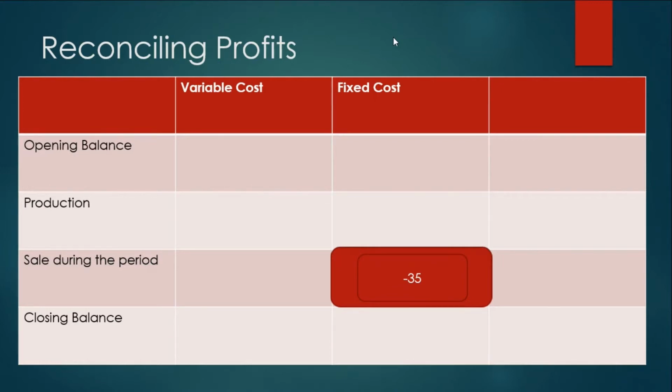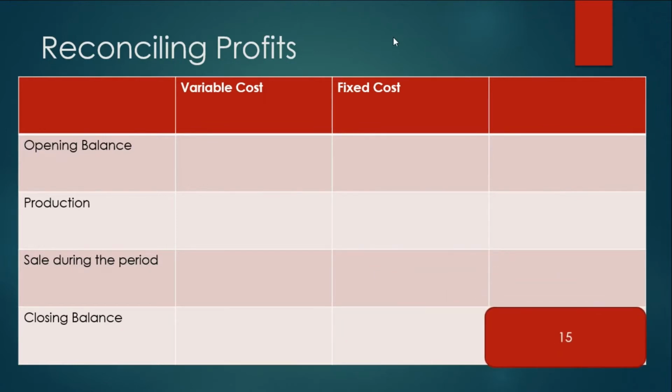Altogether I have 50 items ready to sell, but I have sold only 35 items, and I have left 15 items in the closing balance. If you remember, we had 10 items in the opening, now we have 15 items in the closing balance. And this is the case where our closing balance is more than our opening balance. My production was 40 and my sales were 35.